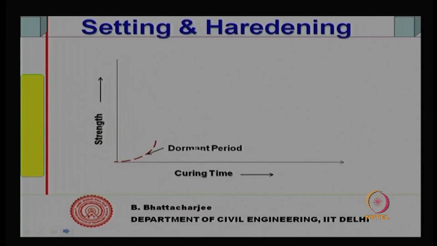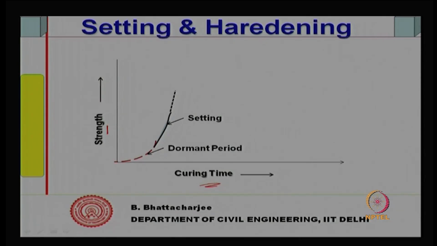So, let us see schematically we can represent. Initially there will be a dormant period where there is no strength gain; y axis is strength, x axis is curing time, let us say. So, no strength gain. Then there will be rapid strength gain, right, and this process is setting.